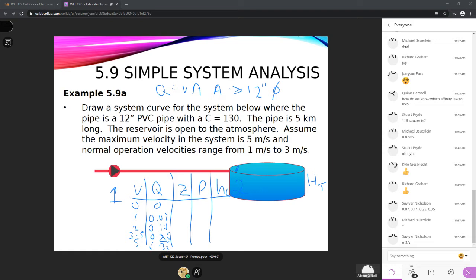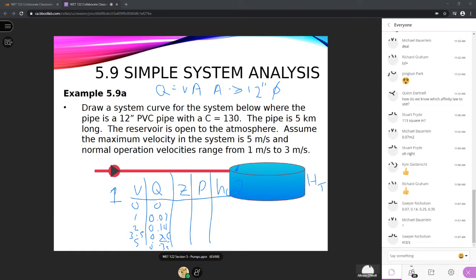Now, does everybody, yeah, and that's in cubic meters per second for sure. So that's what our flow rate is.